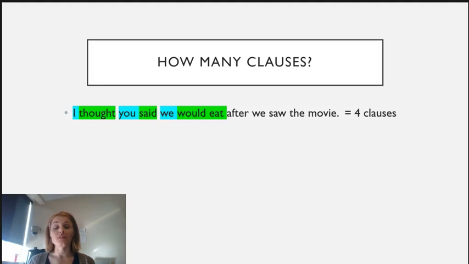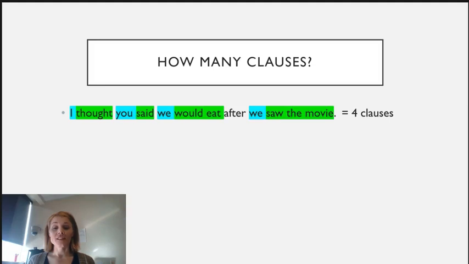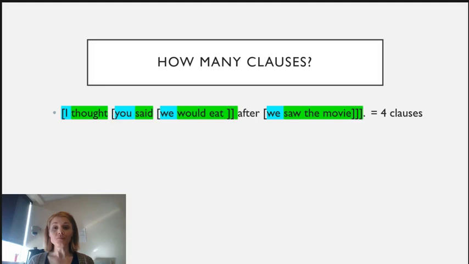And then embedded within that predicate, we have another subordinate clause with our subject we and our predicate would eat. And then we have this clause on the end that is adjoined with our subject we and our predicate saw the movie. All right, so there are 4 clauses in one sentence.